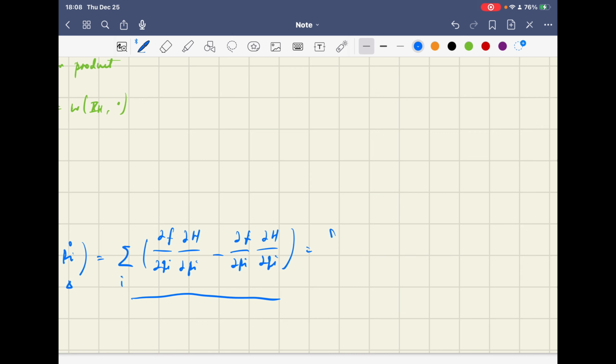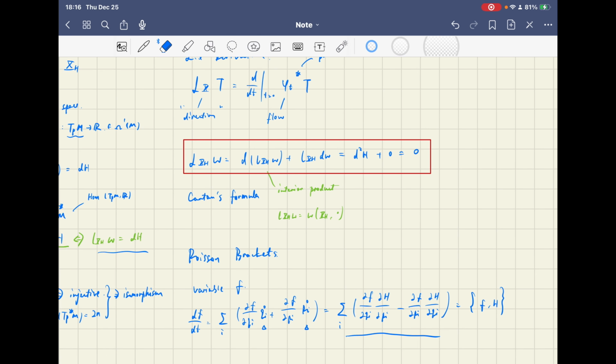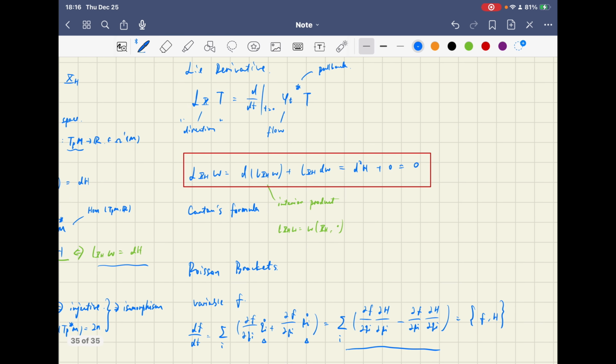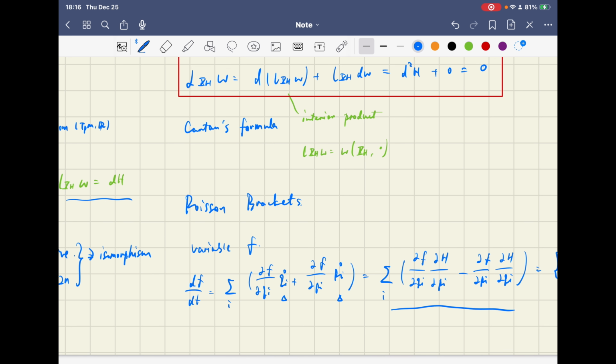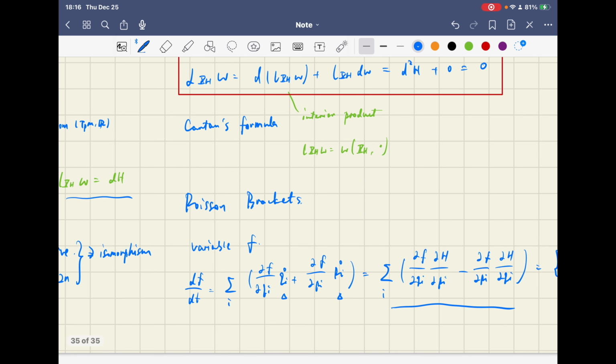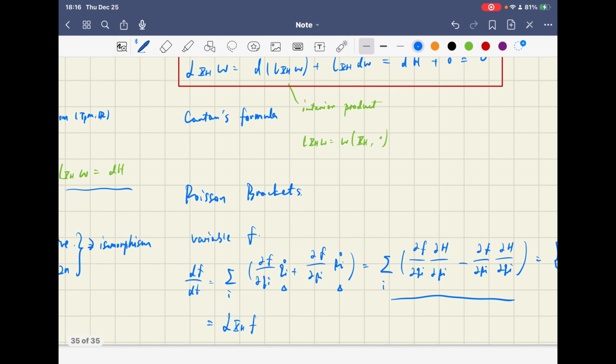We write this as the curly bracket {f, H}. And if you fully understand the definition of the Lie derivative, since f is a function, a variable in the Hamiltonian system, its evolution over time would be exactly the Lie derivative of the function f in the direction of the Hamiltonian vector field, like that.